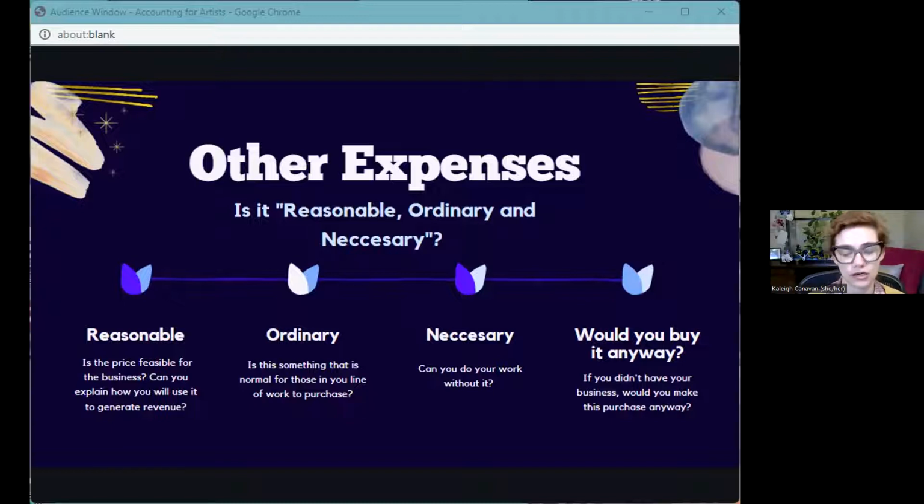So if you are incurring an expense that is completely unusual for your industry, I'm not going to say that it's definitely an audit flag, but you may end up with a love letter from the IRS saying, hey, this was really out of the norm. Can you explain why that was an ordinary expense to your business? And again, if you can take a position that you can justify, then that's fine. But you really need to think about whether or not you're comfortable defending that position.